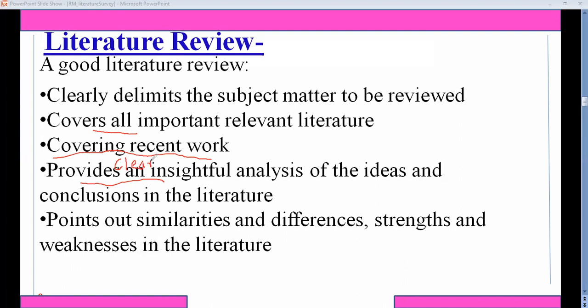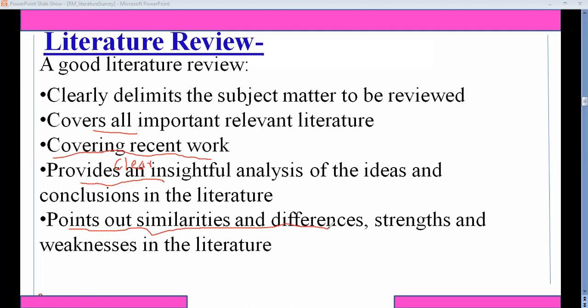Then we would also find out the similarities, differences, strengths, and weaknesses of various work done in your area. We have to look at similarities. What is the similarity between them? What is different between them? What is the different approach?